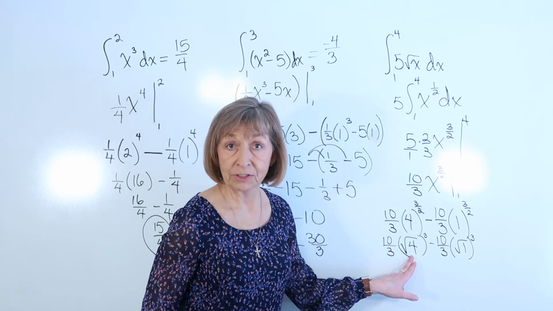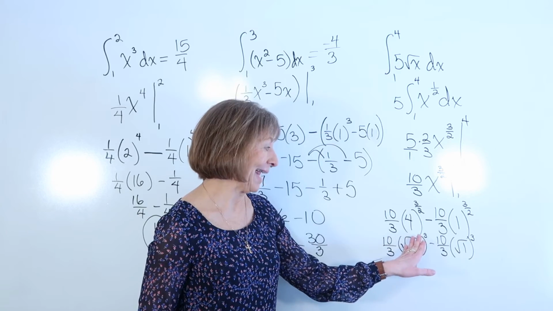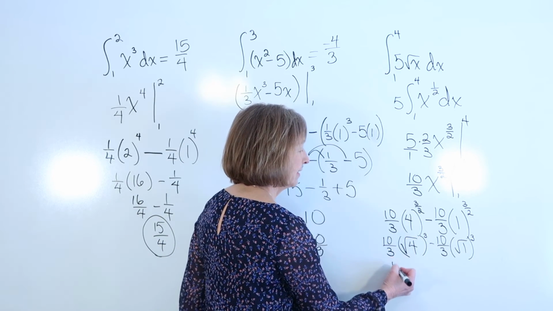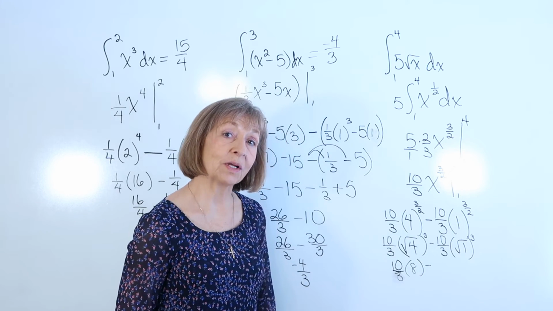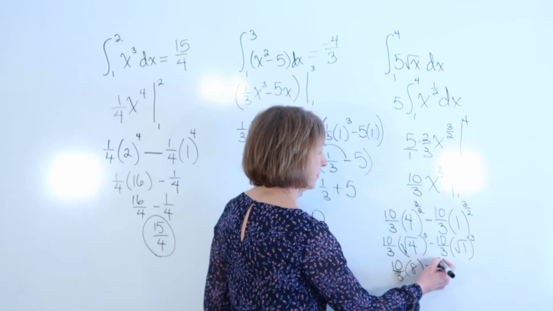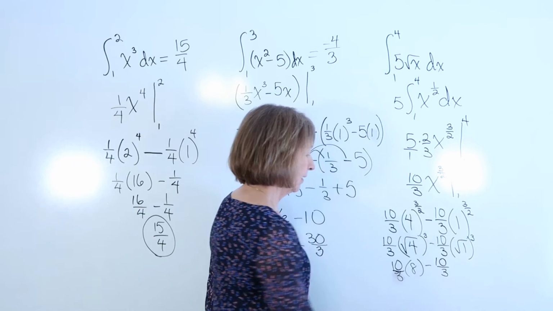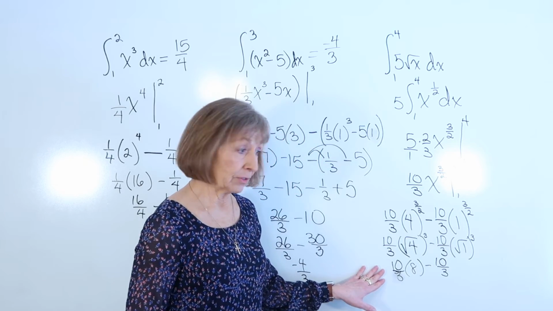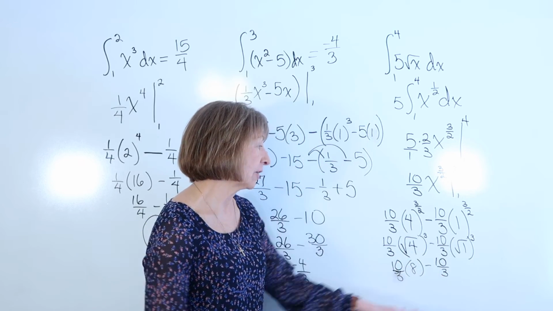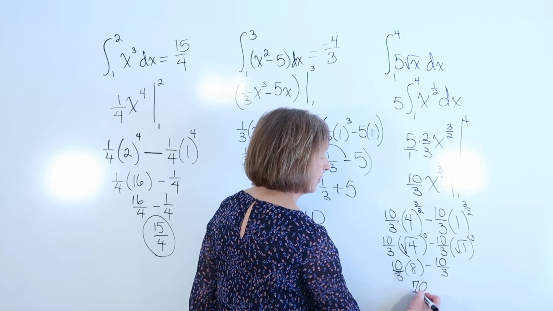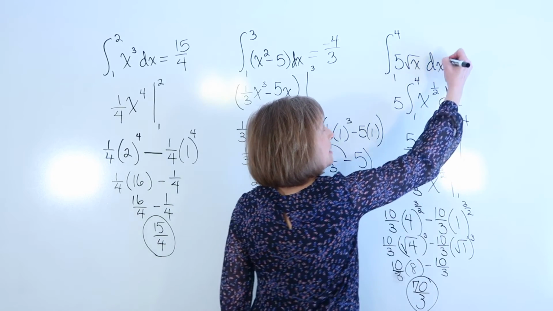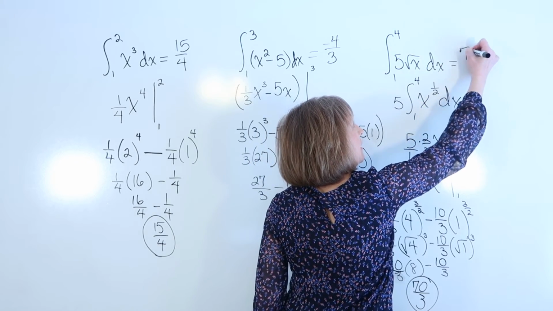So square root of 4 is 2. 2 cubed is 8. So I have 10/3 times 8 minus square root of 1 is 1, 1 cubed is 1, so minus 10/3. So that's 80/3 minus 10/3 gives me 70/3. So this definite integral is 70/3.